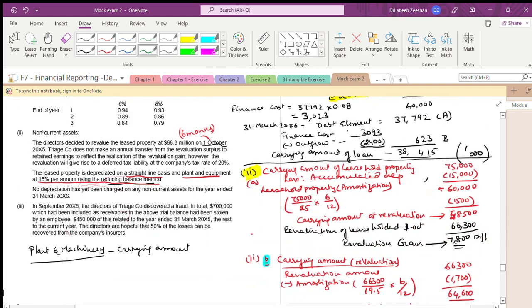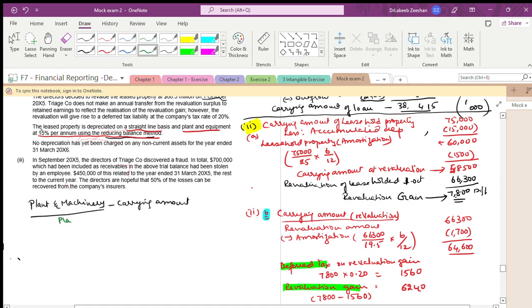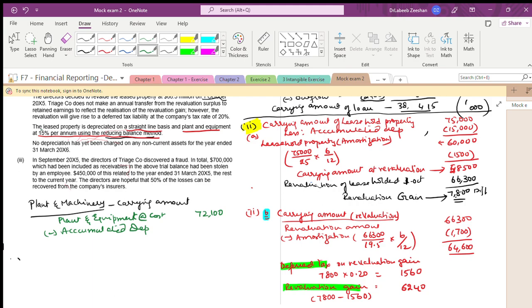Plant and equipment at cost is 72,100, minus accumulated depreciation of 28,100. That gives 44,000. This is the reducing balance value.